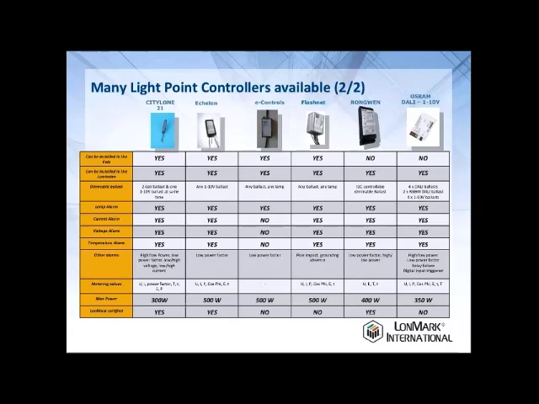Situations where you want to install the light point controller in the pole, at the base of the pole, or inside the luminaire, or as an external device on top of your pole. All the situations are covered, and all type of lamps are covered: LED, induction lights, conventional HPS with electronic dimmable ballast, or conventional HPS with magnetic ballast.